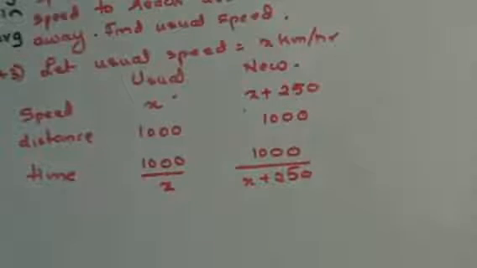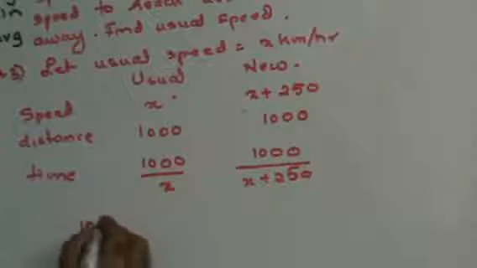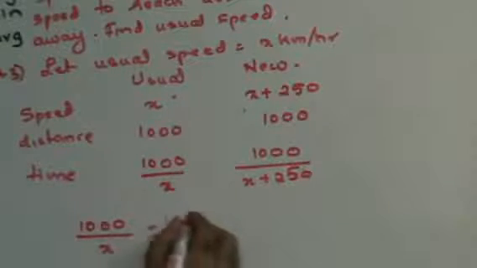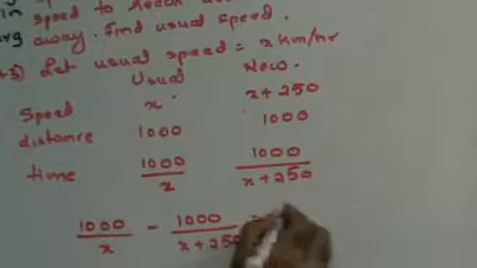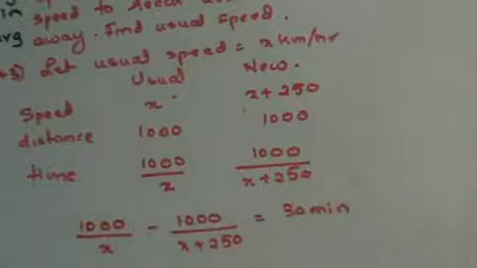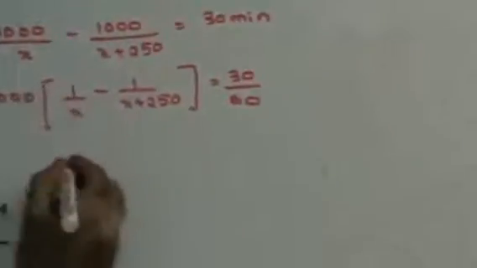Right? Now they are saying that the difference between the two times is half an hour. 30 minutes is nothing but half an hour. So 1000 upon x minus 1000 upon x plus 250 is 30 minutes. I'm going to convert that into hours. First I'll take 1000 common, so this will become 1 upon x minus 1 upon x plus 250 is 30 upon 60.